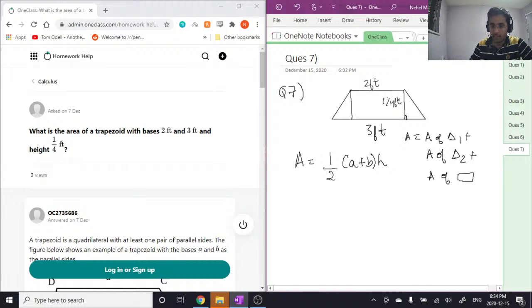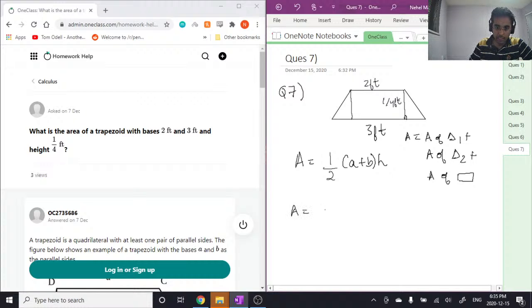Once you compute all of those values, you would come up with a formula which is exactly the same as this. Therefore, we'll just go ahead and use this formula to solve the question. But if you wanted to do it this way as well, you would come up with the right answer.